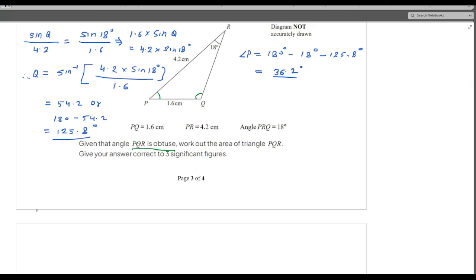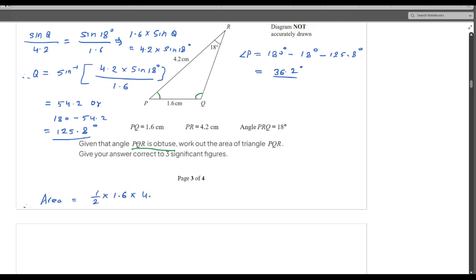So therefore your area will be half into one side, which is 1.6 in length, other side is 4.2 in length, into sine of the angle between them, which is 36.2 degree. So sine of your angle multiplied by 0.5 multiplied by 1.6 multiplied by 4.2.